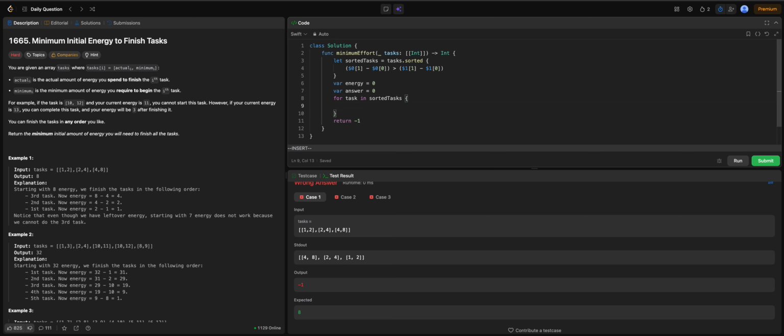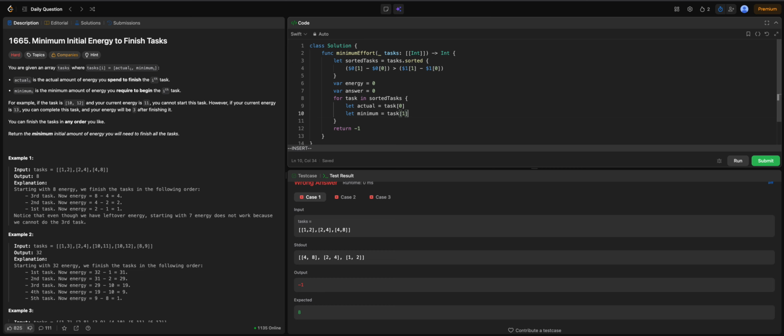What we're going to do is decipher the array into our usable values, like actual of task 0 and minimum will be task 1, which is given here.